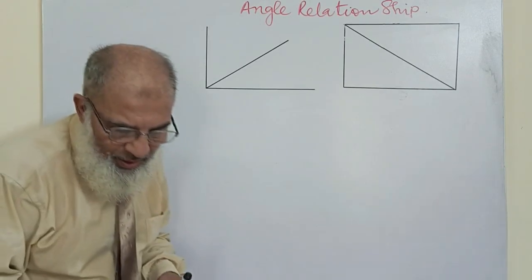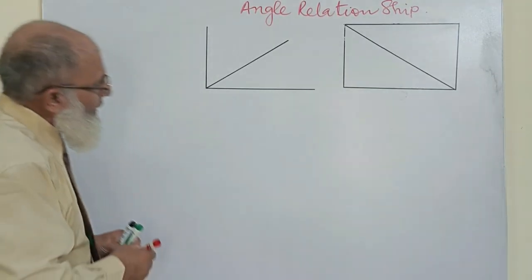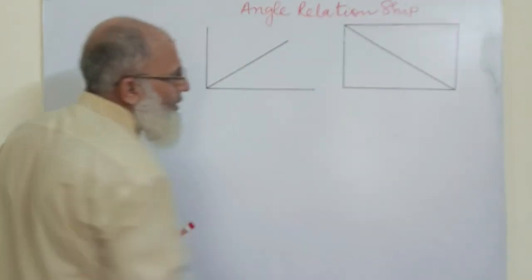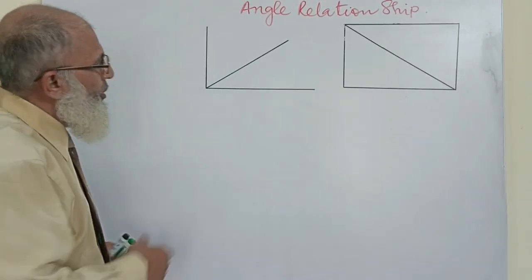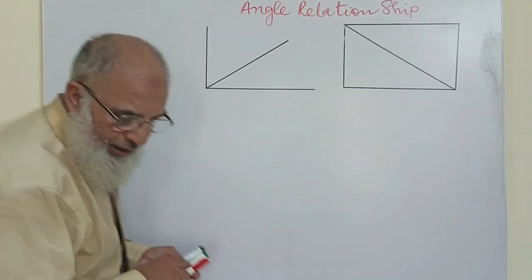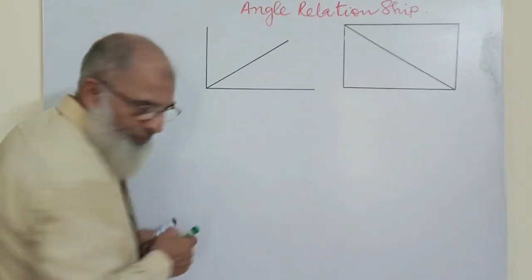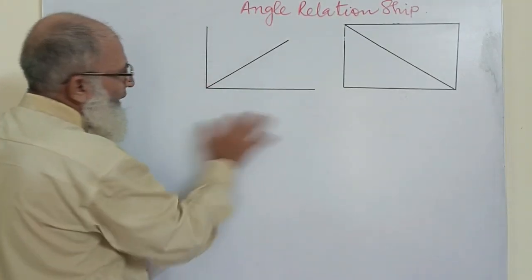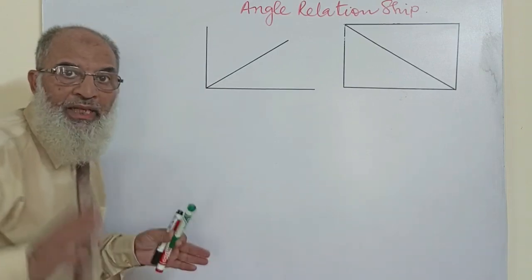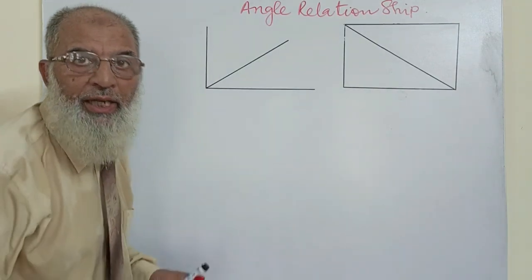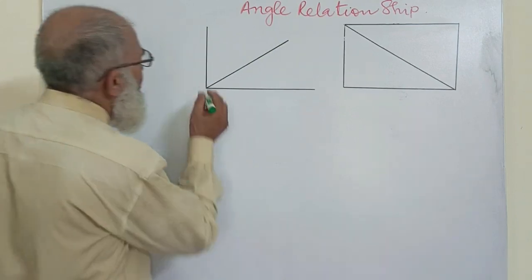Now dear students, you see that there are two figures drawn before you on the whiteboard. This is a right angle, as you know, and a right angle measures 90 degree in total.